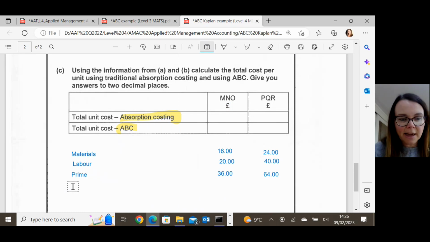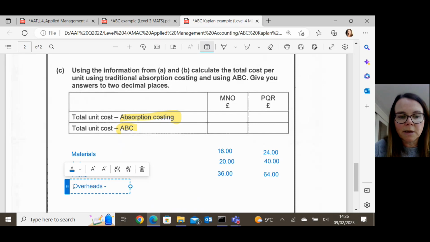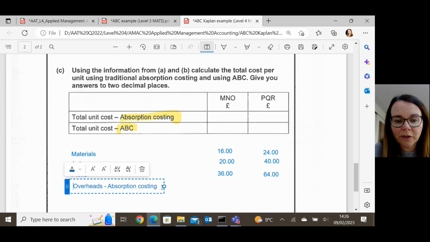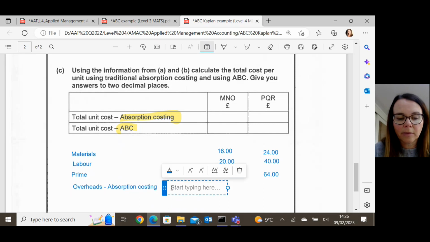So if I assume, first of all, that my overheads have been absorbed using absorption costing methods, and we look back to our answer in part A, so we had £48,000 for the MNO. That's my answer to part A. And I know that that relates to 2,000 units of production.